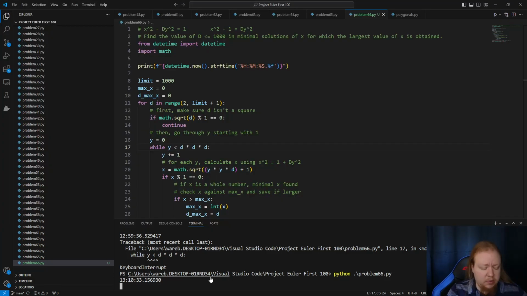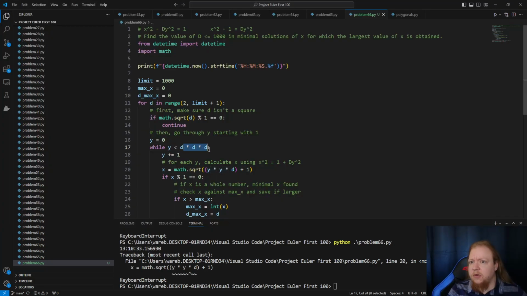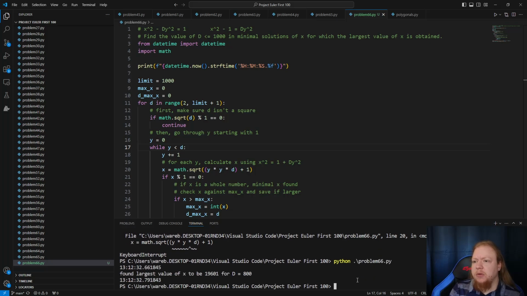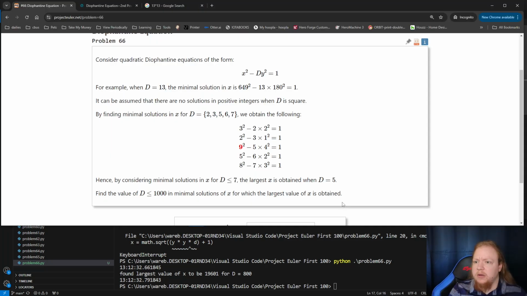Actually, I'm gonna keyboard interrupt this again and just say y less than d. Because I think that y has to be smaller than d. Interesting. It doesn't have to be smaller than d, that just artificially limits it.